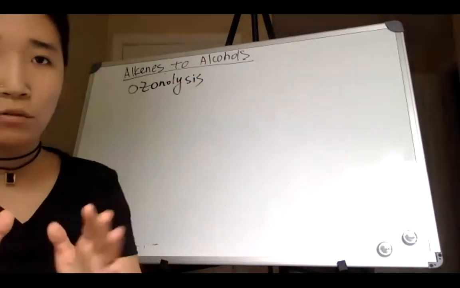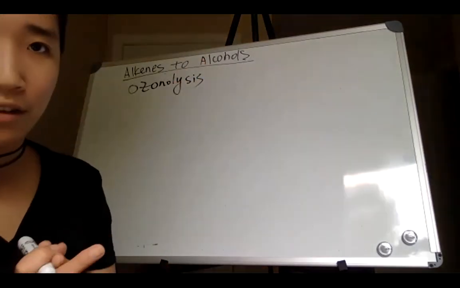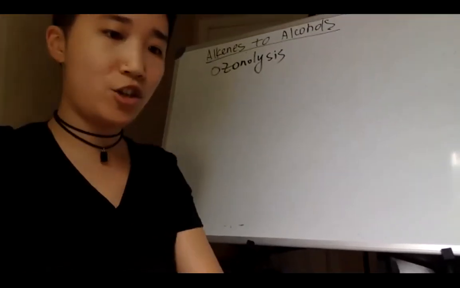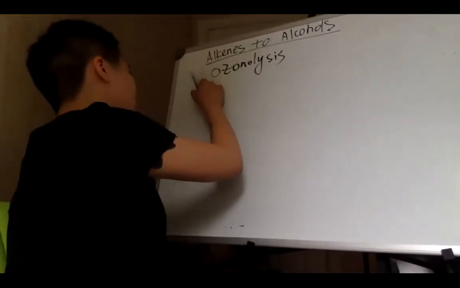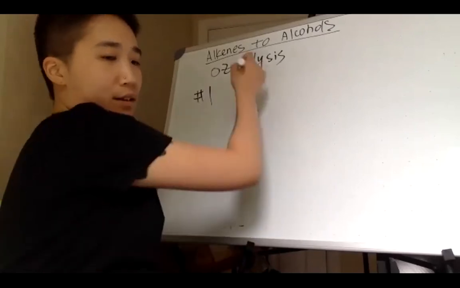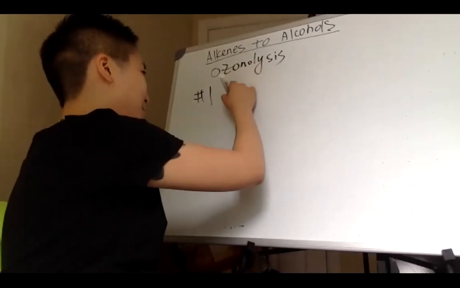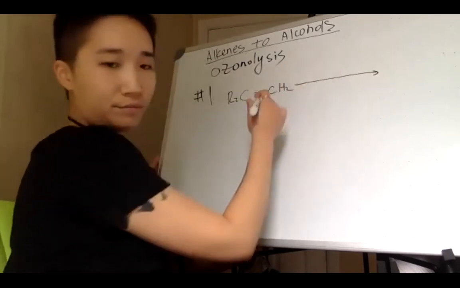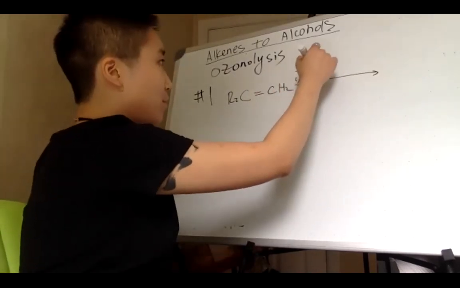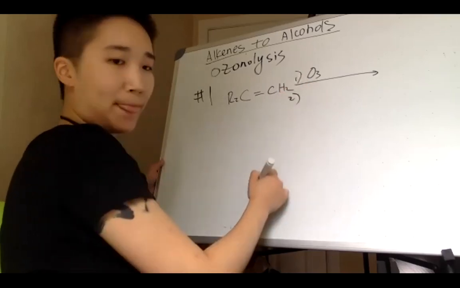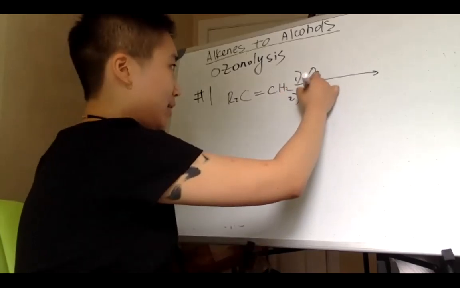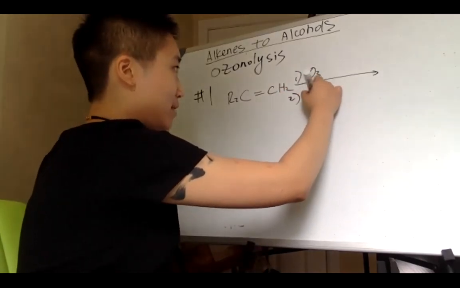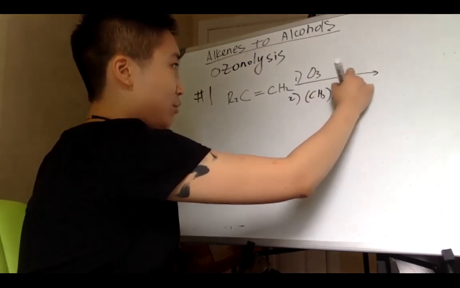There are two types of conditions under which you can carry out ozonolysis. Condition number one. I'm going to draw my simple generic alkene again, R2C=CH2. Treat it with O3, which is ozone, and then treat it with dimethyl sulfide, (CH3)2S.